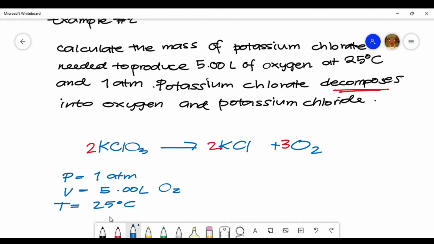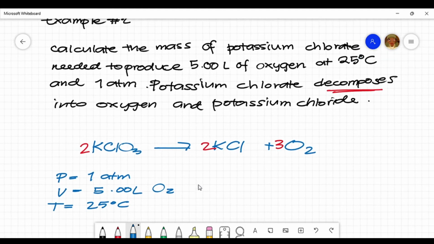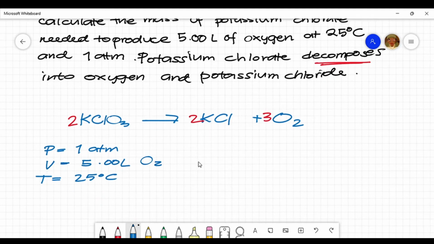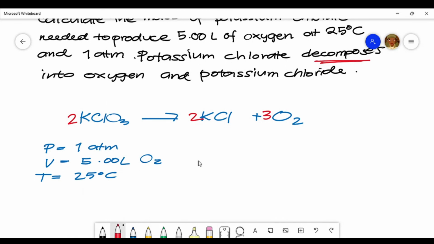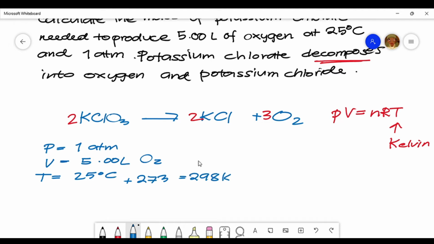If we're dealing with temperature in the ideal gas law, PV equals nRT, this temperature should always be in Kelvin. So for this to be in Kelvin, we just add 273. Therefore, we have 298 Kelvin for the temperature.